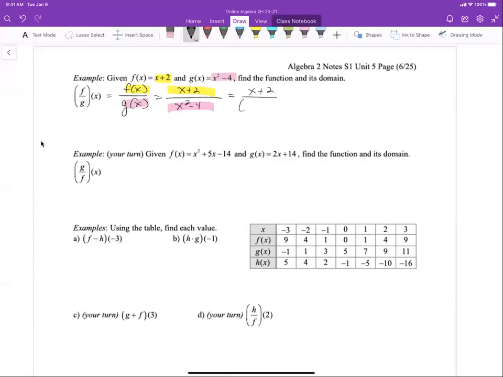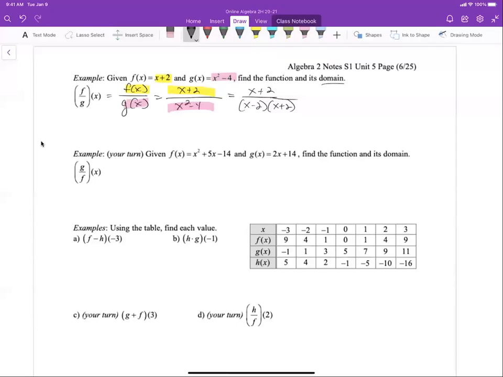X squared minus 4 simplifies to x minus 2 and x plus 2. Now, here is the point that I need to make. This is very important. I have to find my domain. So we have to find the values of x such that the denominator does not equal 0. I can't divide by a 0.